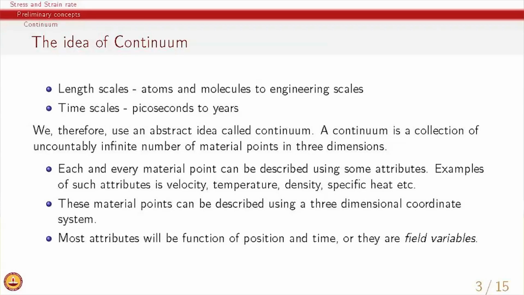Similarly, in terms of time scales, we have the atomistic molecular phenomena which happen in very short time, in fact picoseconds or even shorter time scales or nanoseconds. And then of course, from an engineering point of view, we design products to have a life of a year or even number of years. So, basically when we look at both length scales and time scales, the interest that we have spans several orders of magnitude.